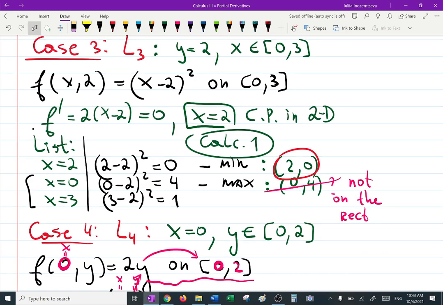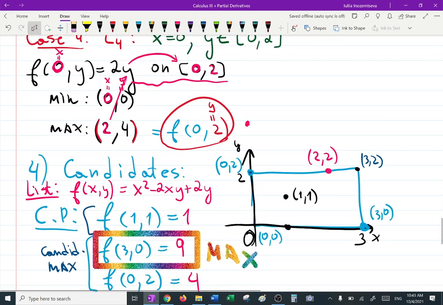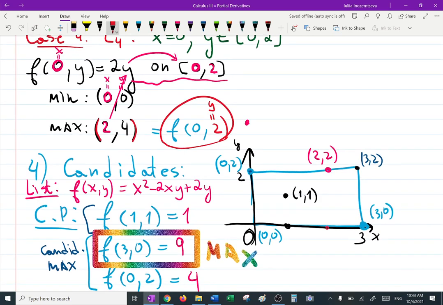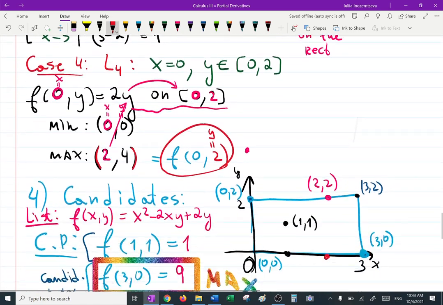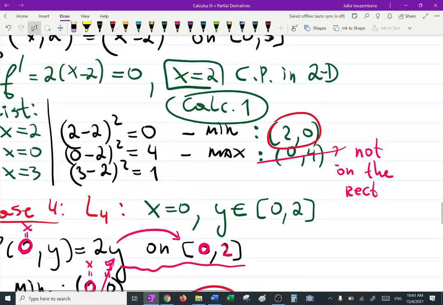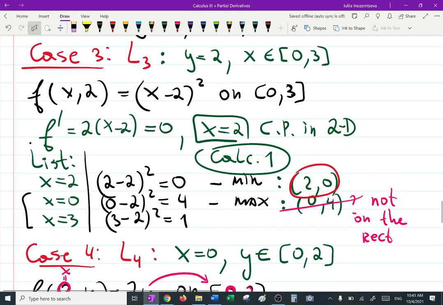X equals 2, Y is 0. Why is it not here? Maybe we forgot. Let me see. Oh, this is the one. I see. Yeah, I keep getting confused by this idea.